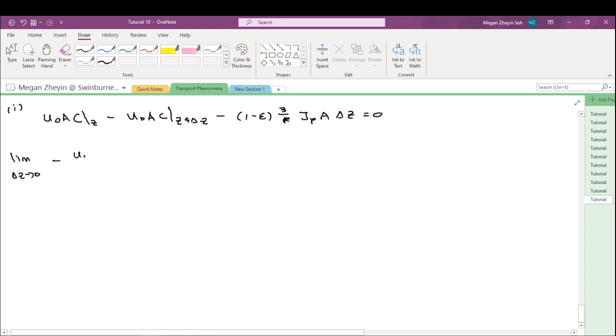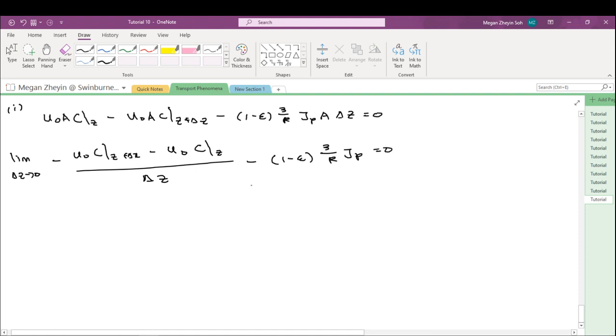We should get minus U_0 C at Z, plus 1 over epsilon, 3 over R, J_P equals 0.